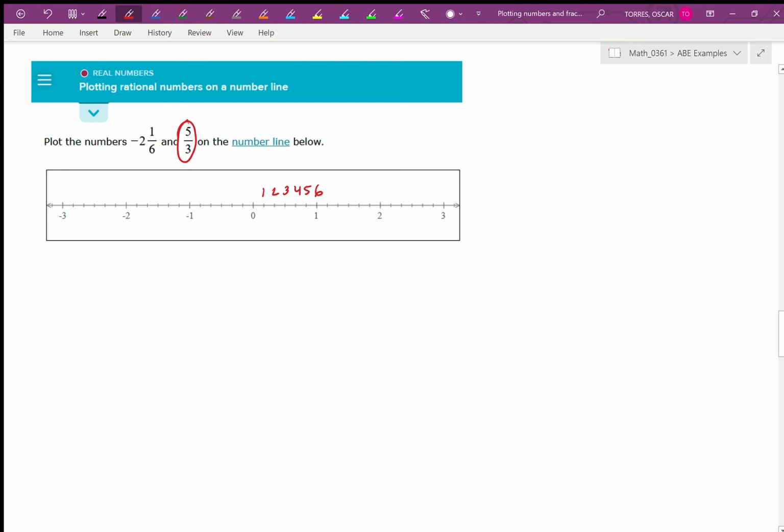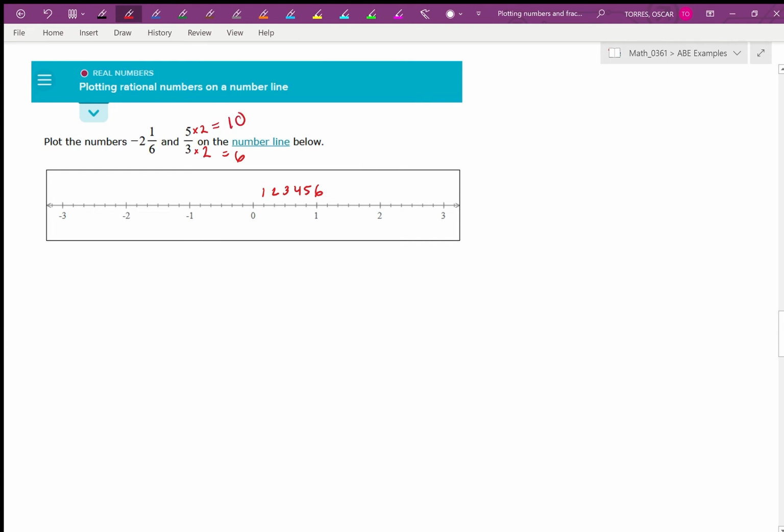The way to do that is similar to finding a common denominator. In other words, what can we multiply this 3 by to turn it into a 6? Well, we could multiply it by 2, because 3 times 2 would give me a 6. But because we don't want to affect the actual value of the fraction, what we do to the bottom of the fraction, we do to the top. So we need to multiply the top by 2 as well. So 5 times 2 would give me 10.